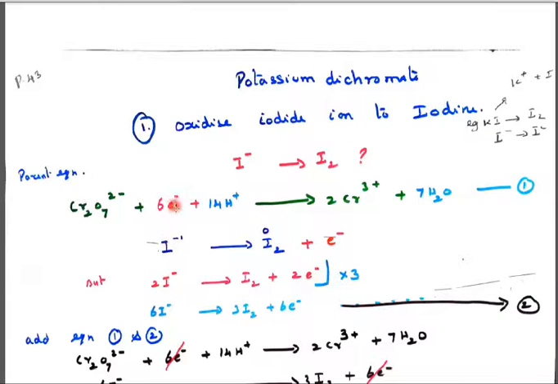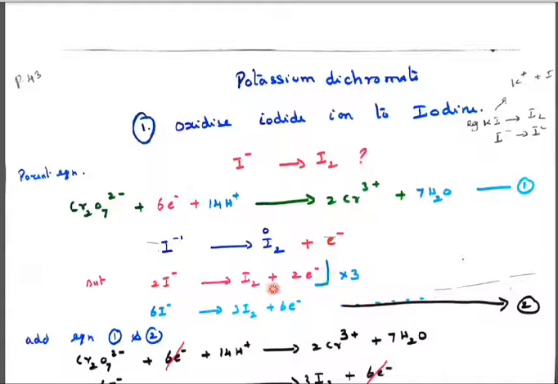So in the first equation there are 6 electrons, but here only 2 electrons. To combine by adding these two equations, we should get the same number of electrons. So you multiply this equation by 2 and this one by 6.